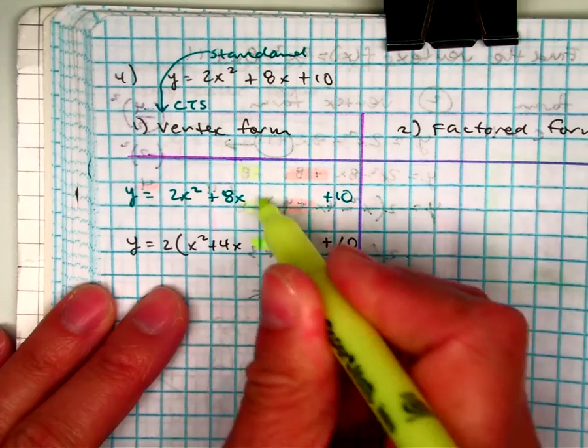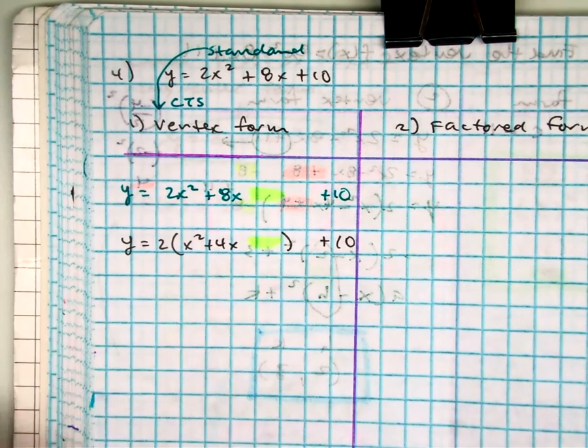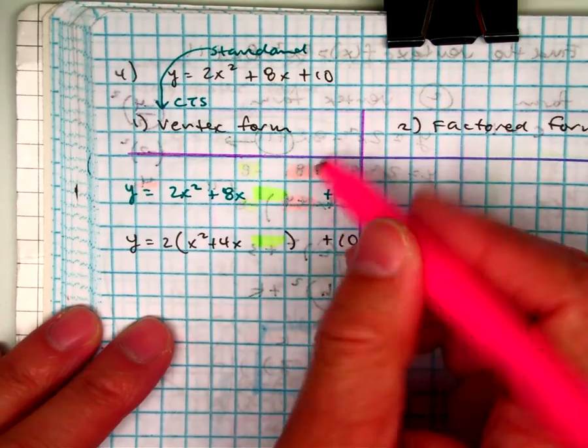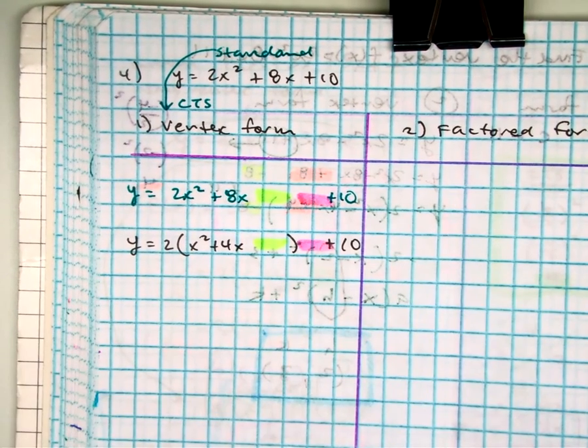And then I'm going to need some numbers here in yellow and numbers here in pink. Partner A, tell your partner the yellow. Partner B, tell your partner the pink. Ready, set, go.